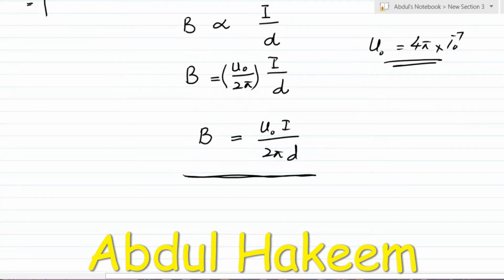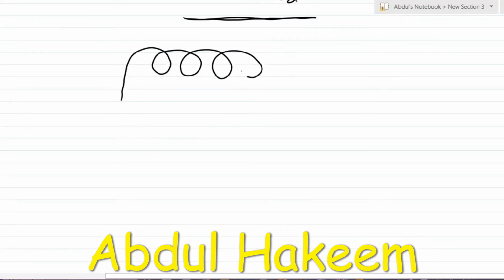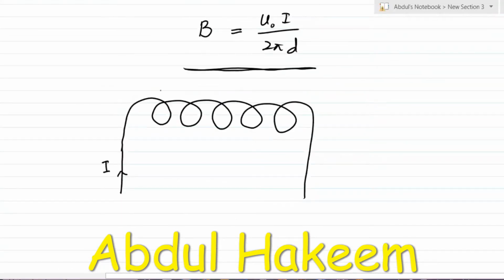Now, number two, if we have a coil, this is the coil like a solenoid. When current is supplied to it, if the current is flowing in this direction, clockwise, so this is the south pole, this is the north pole of the electromagnet, and the magnetic field lines are like this.